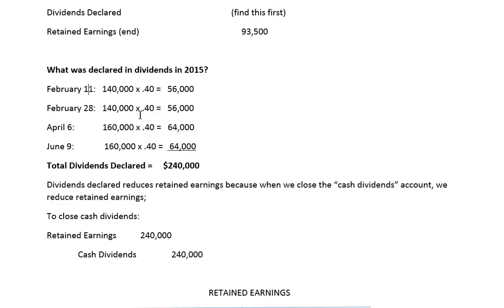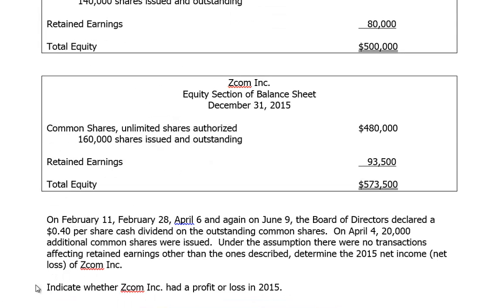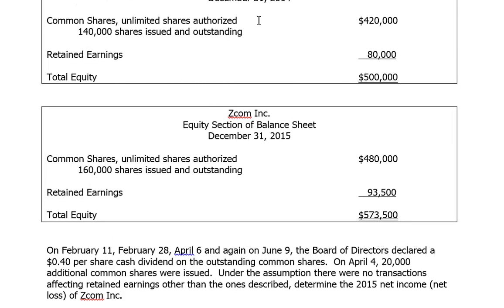From the question, on February 11th we declared a 40-cent per share cash dividend. But don't forget, on February 11th of 2015, we still had the same number of shares, 140,000 issued and outstanding at the end of 2014. In other words, from December 31st, 2014, up until February 11th, 2015, there were no new shares issued.